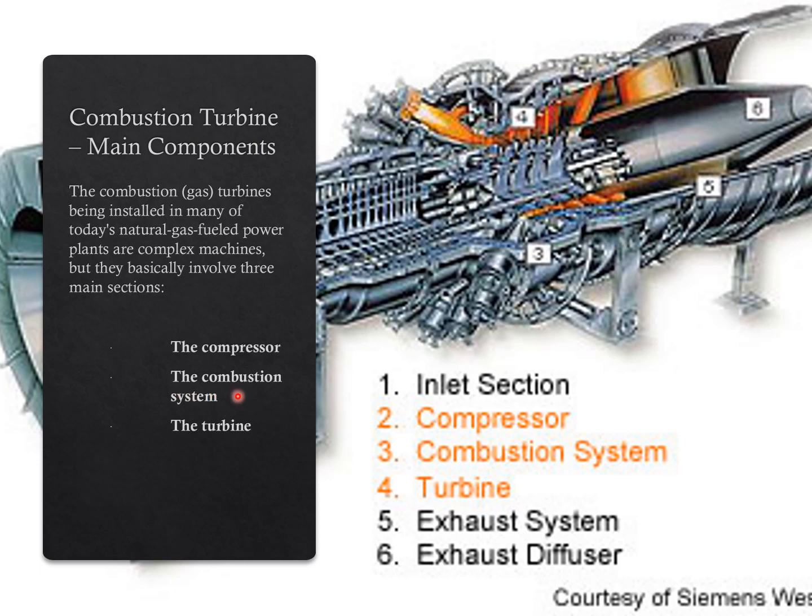And then your turbine, which is your blades, which is going to be connected to the generator, so you can use your mechanical energy. So again, three parts: compressor, combustion system, and then your turbine.